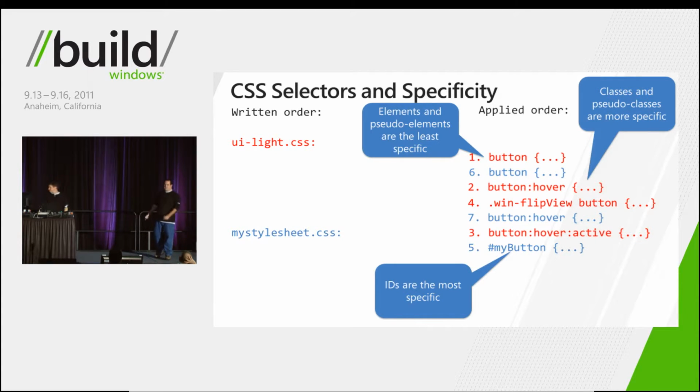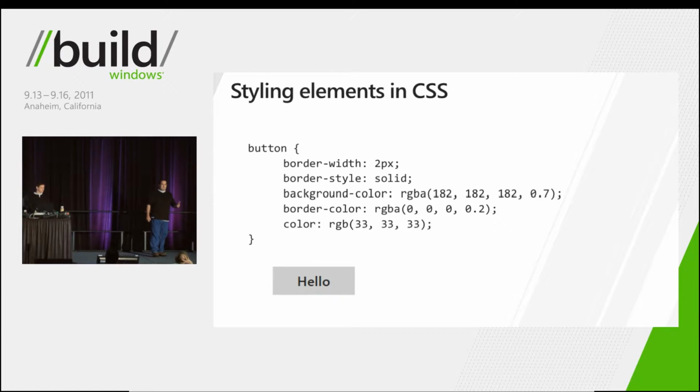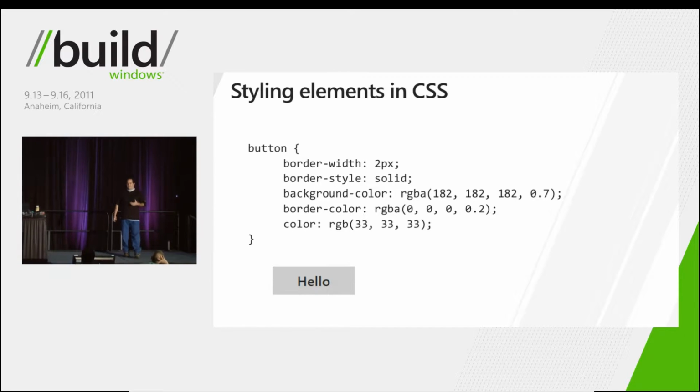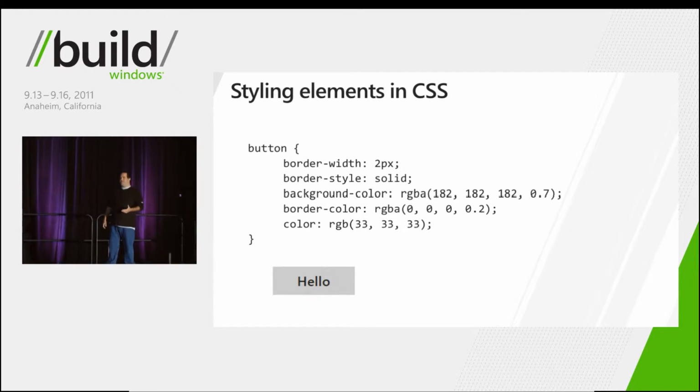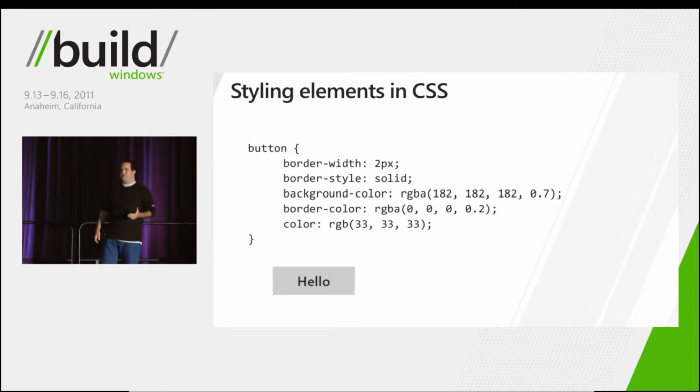Okay, yeah, let's talk about that. So as Phil was saying, I can basically go into the default style sheet because it's transparent. And I can find selectors that target the elements that I'm interested in. And I can find the properties, things like border width, border style, color, and I can take those properties and those selectors and copy them into my own style sheet.